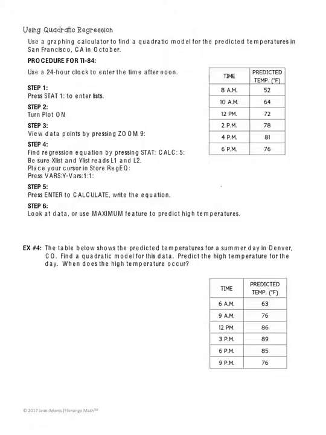All right, now we're going to use what's called quadratic regression. So what I want you to do is use these exact steps as you see them. We're going to put these values into L1 and L2. So this is going to be your L1 and this is going to be your L2. So it is talking about time. So we're going to use a 24-hour clock after noon.